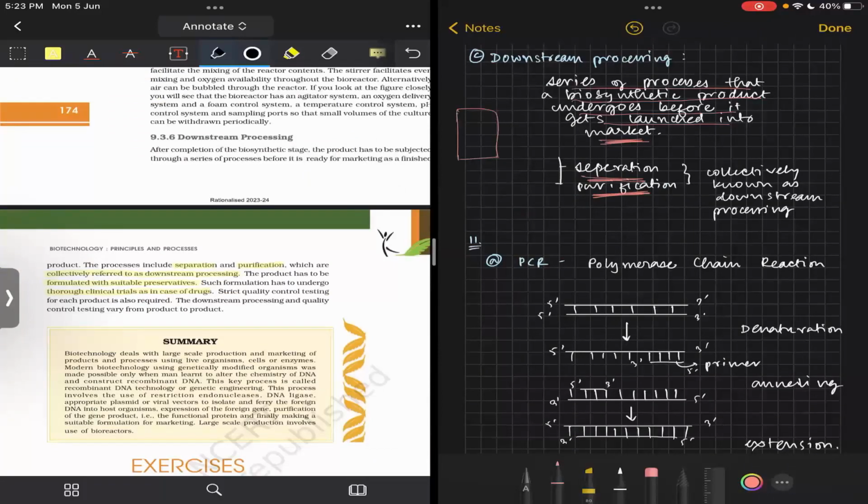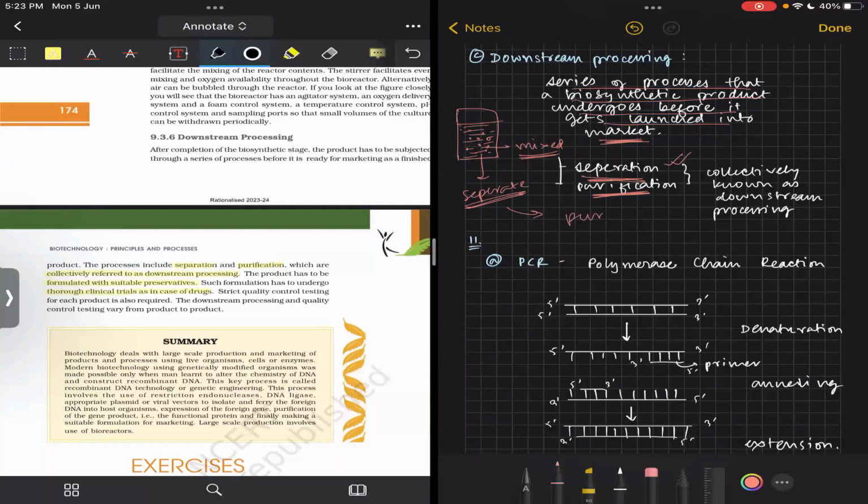So this is the solution. In this solution, the product and the bacteria, everything is mixed. So what we have to do is separate the product from this mixture. So the first process is separation.